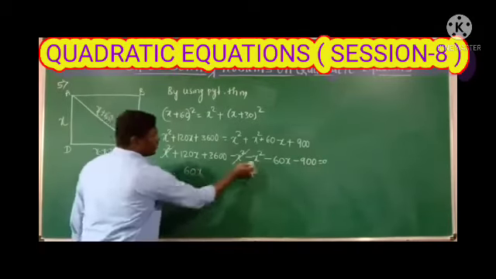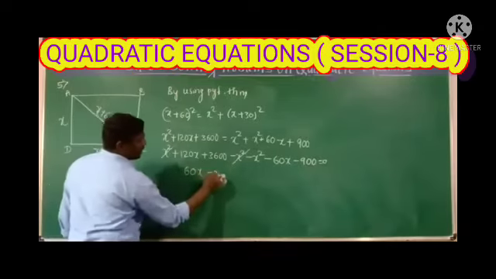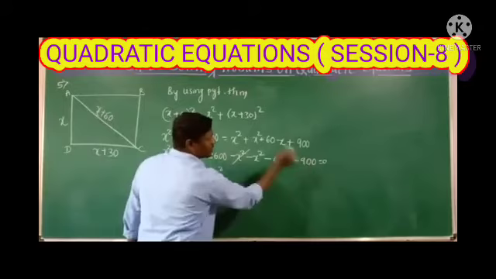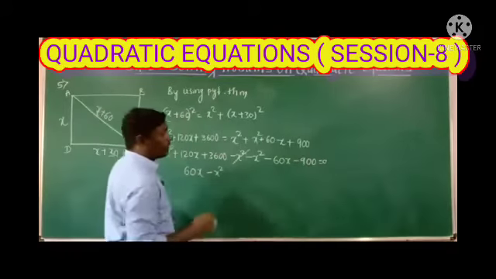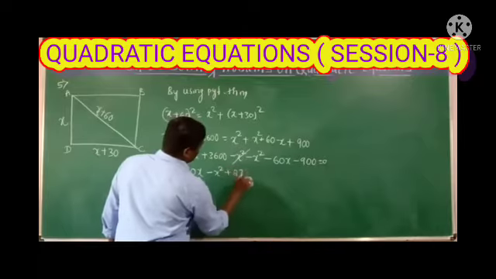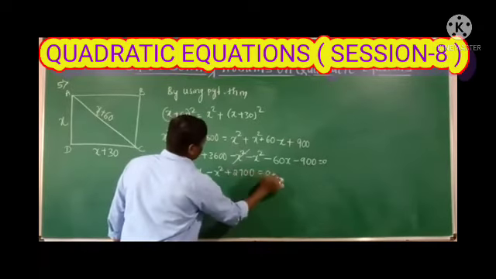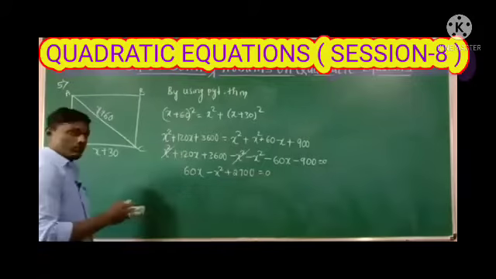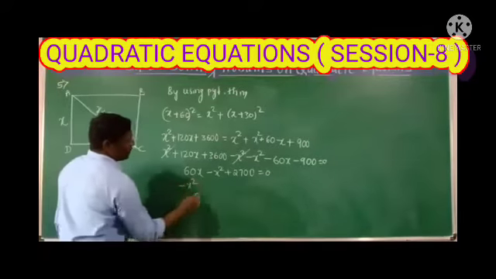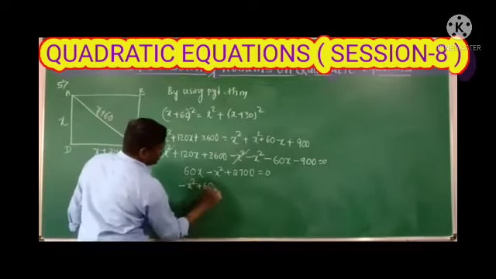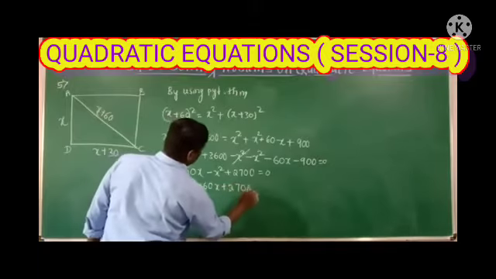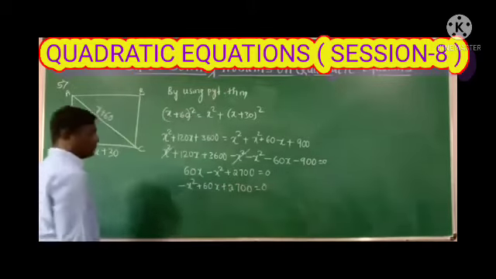Now the remaining terms: 3600 minus 900 is plus 2700, which is equal to 0. We are just rearranging the quadratic equation: minus x square plus 60x plus 2700 is equal to 0.